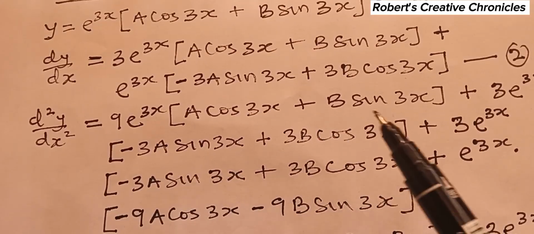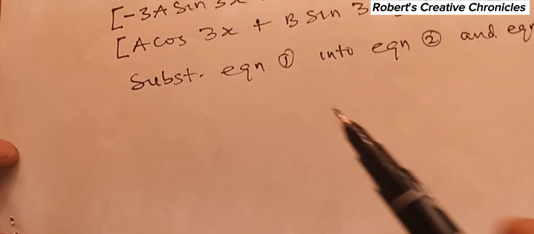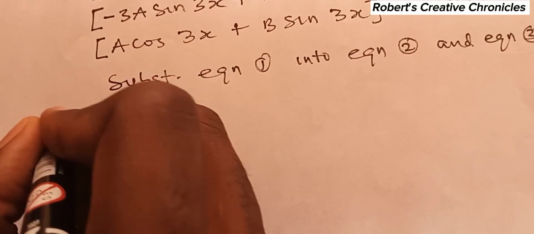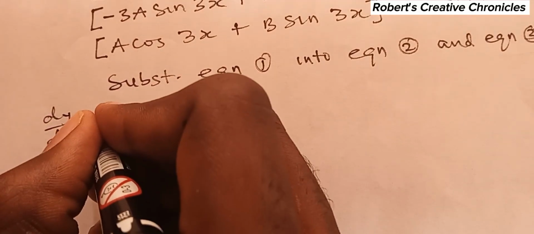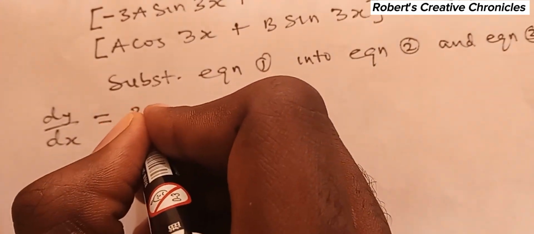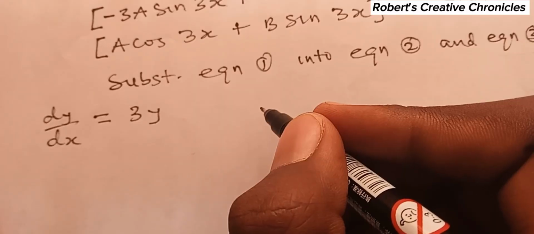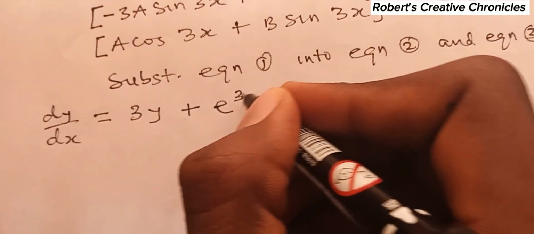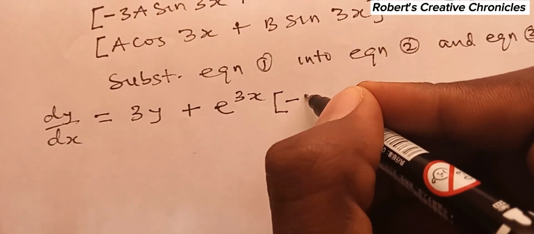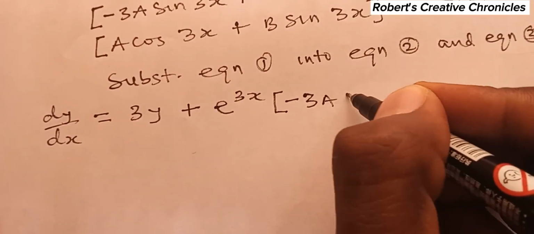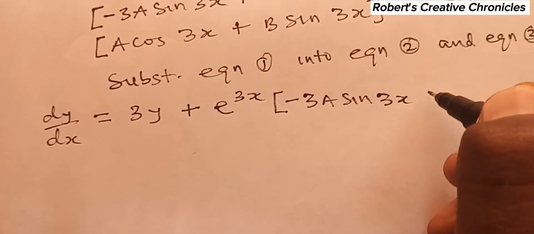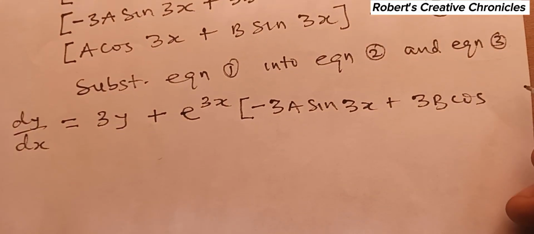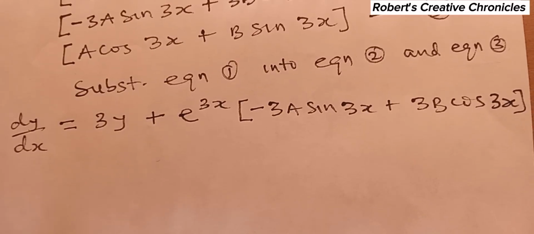So our equation 2 therefore becomes dy/dx equals 3y plus e^(3x)(minus 3a sin 3x plus 3b cos 3x).